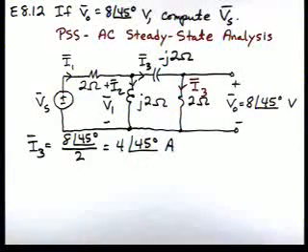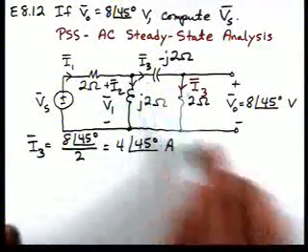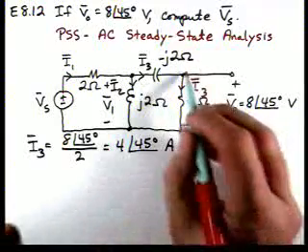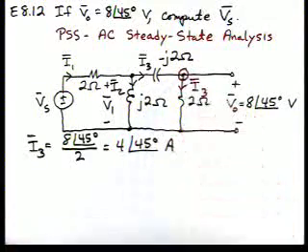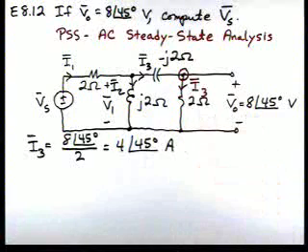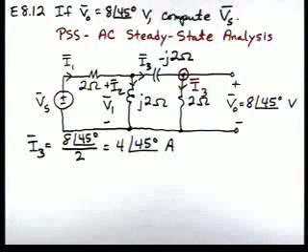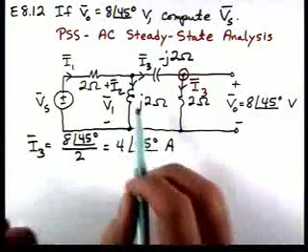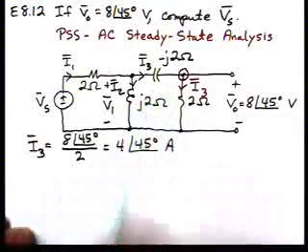We had already defined I3 here. This is also I3, because if we apply Kirchhoff's current law there, we can see that it has to be I3 down in that direction. Now, looking at the voltage V1, which is here, we can use KVL around this loop.